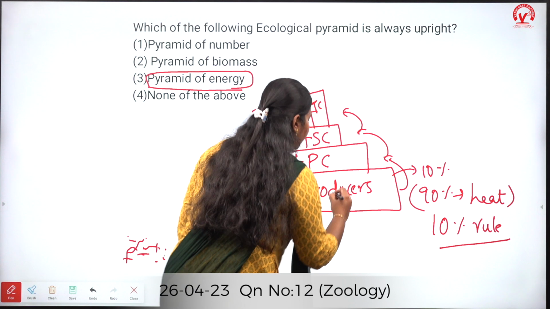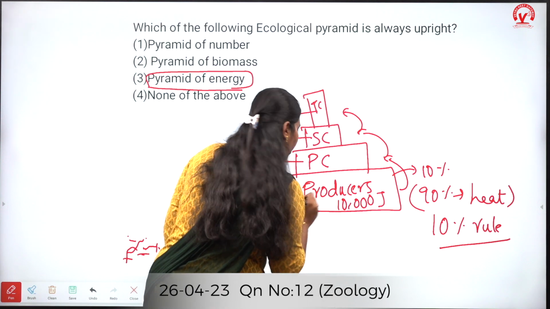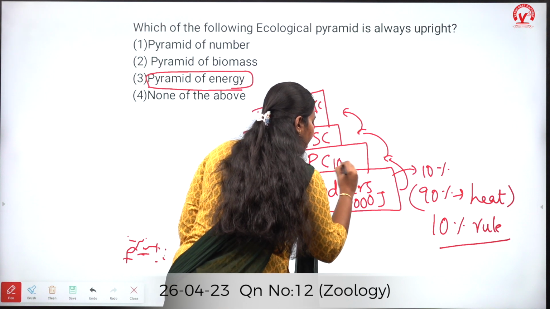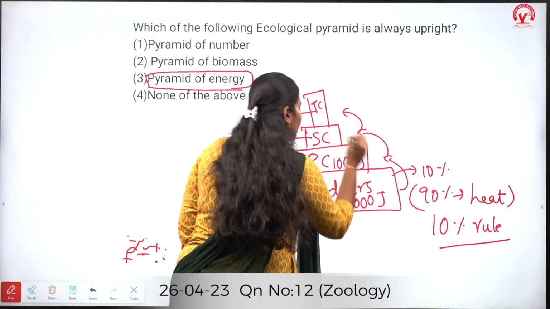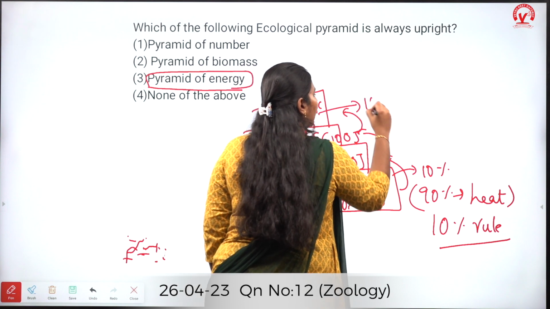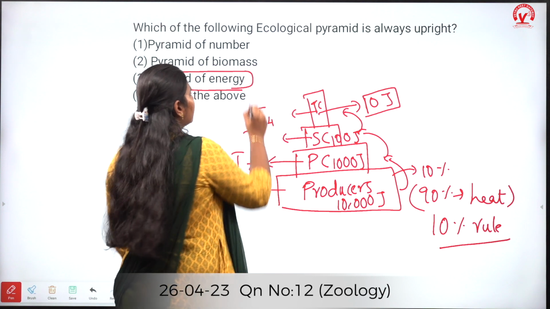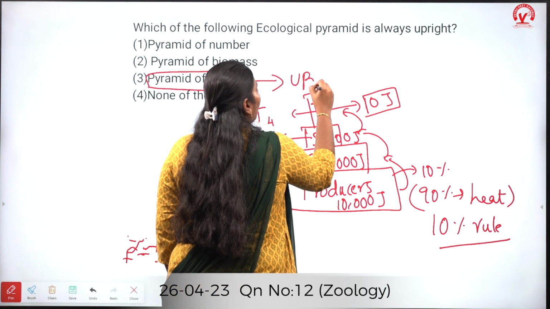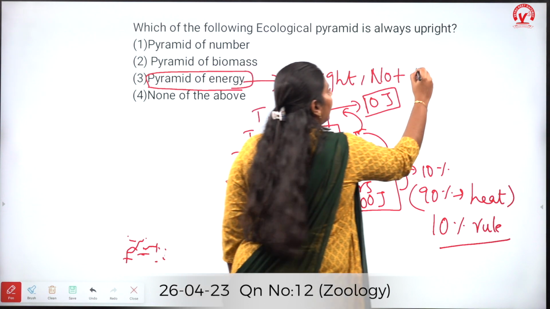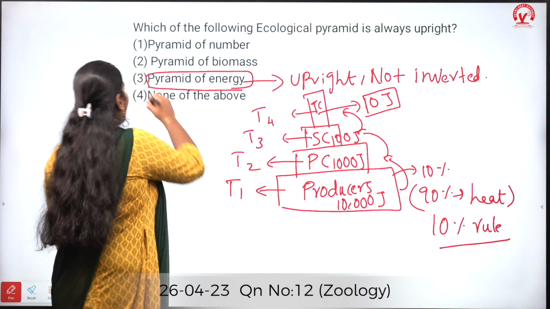For example, if we have 10,000 joules of energy in the first trophic level, when it moves to the second trophic level, we possess only 1000 joules. From 1000 joules, we move to 100 joules, and in the final trophic level, we have only 10 joules. So the pyramid of energy is always upright and it is never inverted. So the correct answer is option C.